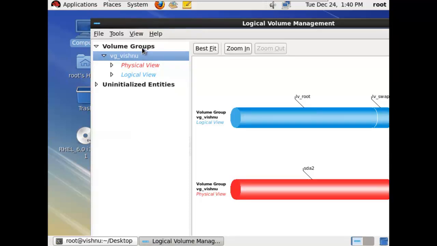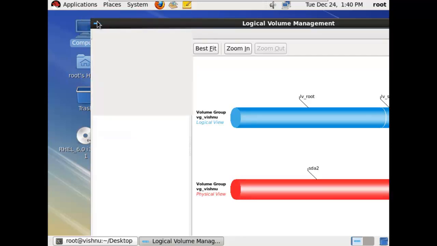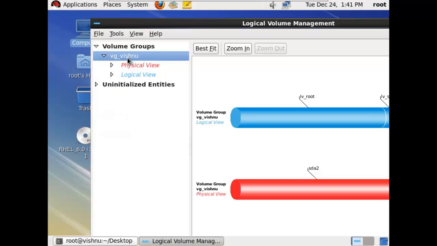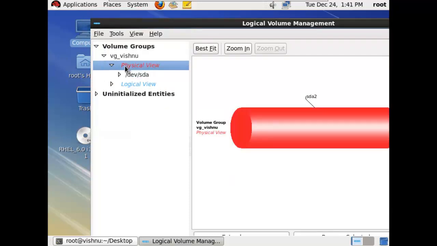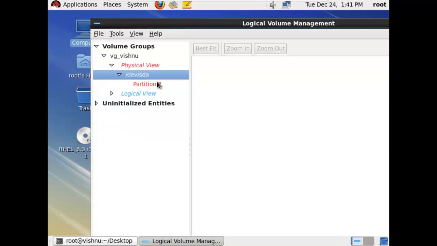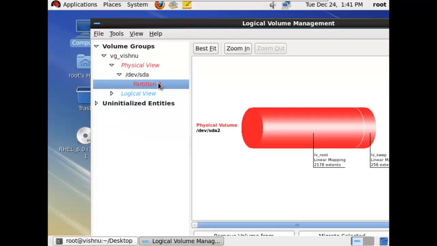You can see here guys that there is one volume group, and the name of the volume group is VG_Vishnu. Inside this VG_Vishnu we have one physical volume, and you can see the name of the hard disk is SDA, and this is the name of your physical volume, which is SDA2.